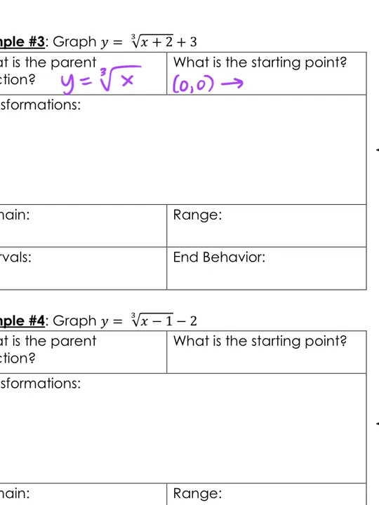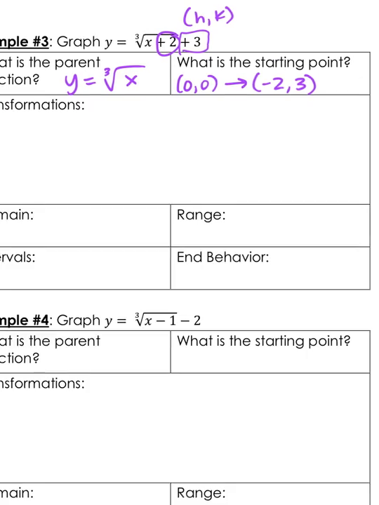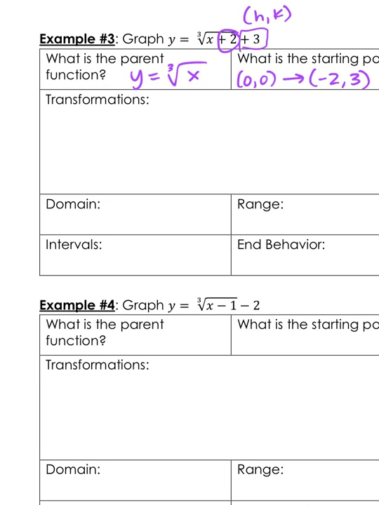We've been doing this with the table, but we know that our starting point is h, comma, k. So in this case, my h value is the opposite of 2, so negative 2, and then k is 3. But let's go through and make sure that that ends up being true.